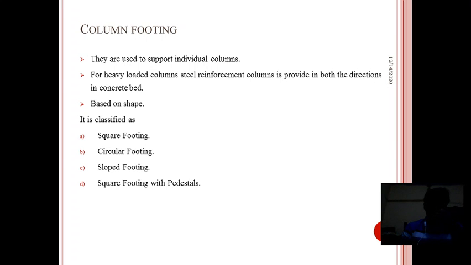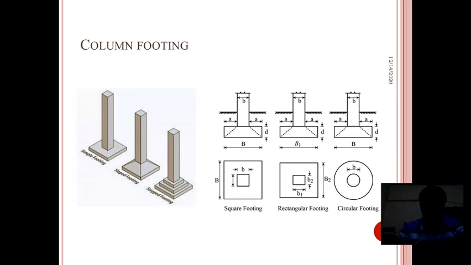A concrete bed is laid at the bottom. Based on the shape, these are again categorized into square footing, circular footing, sloped footing, and once again square footing with pedestals. We'll see the figure, and this will help you understand better.